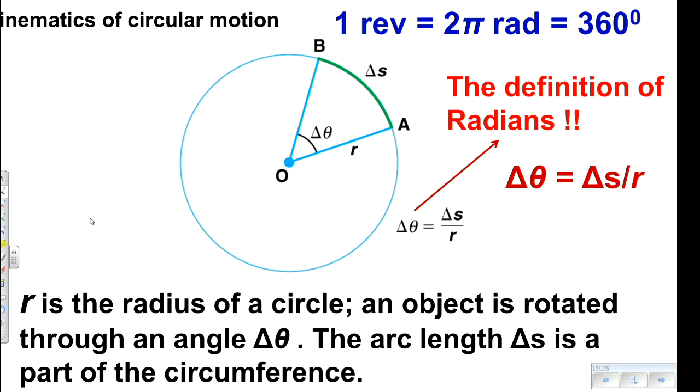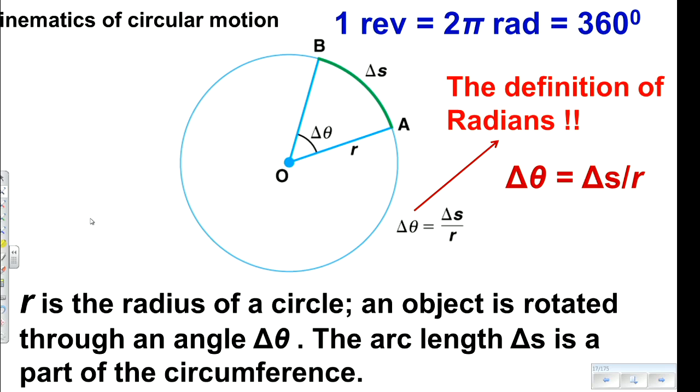If you measure the length of an arc and divide by the radius, the number which we get as the result of this calculation is named the angle measured in radians. 1 radian is the angle which we have when the length of this arc is equal to the radius. In that case, it's like r over r equals 1. That's what 1 radian is.